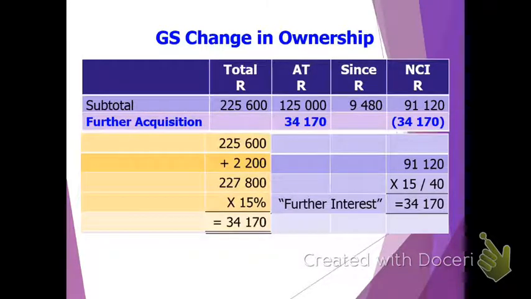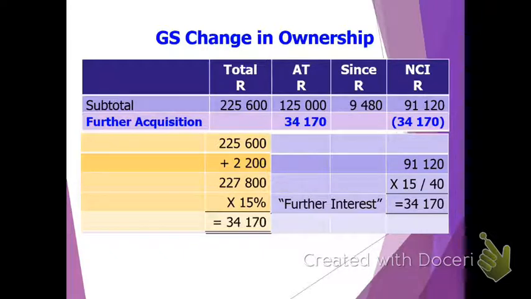There is another method of doing the same calculation, but for that we have to take the total amount, the 225,600, add back, in this case, the gain on bargain purchase to give you the figure without the gain, or if there was a goodwill, you have to deduct the goodwill, and that will give you the figure without goodwill or gain on bargain purchase, in this case 227,800.